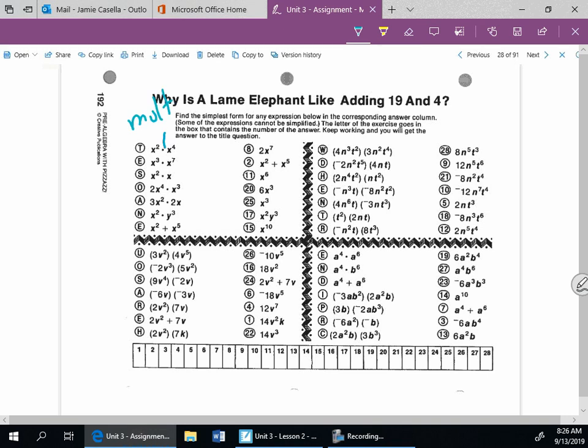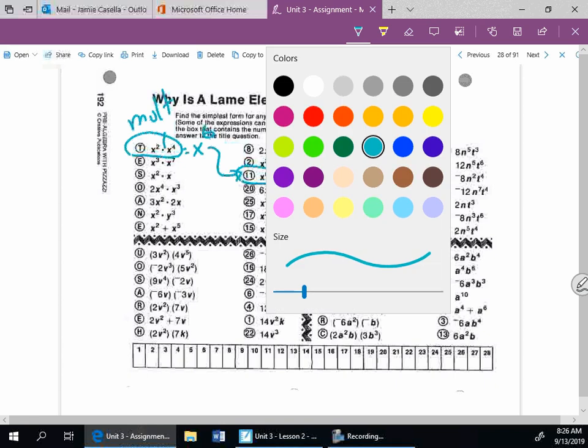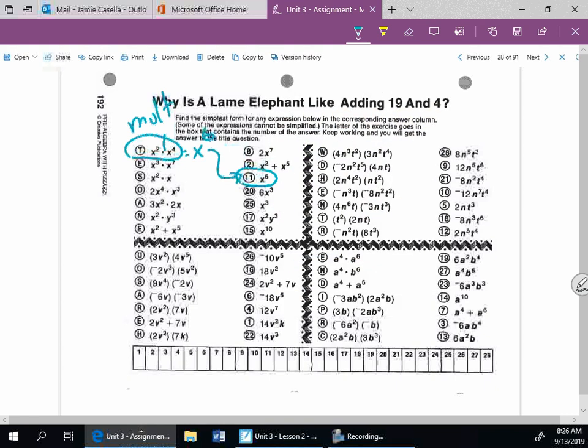Well, x to the power of 2 times x to the power of 4 comes out to x to the power of 6. We're going to find that answer, which is right here. And then, see how there's an 11 right here? In box 11 at the bottom, we're going to put the letter T. So 11 is T at the bottom.